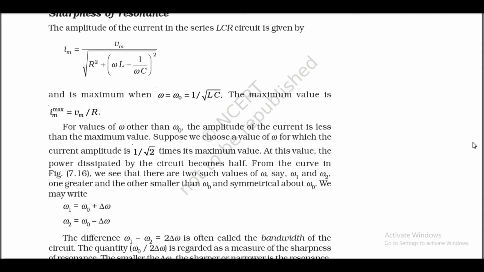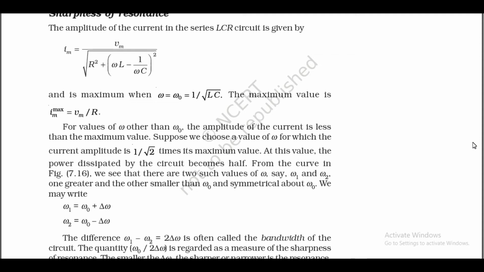Suppose we choose a value of omega for which the current amplitude is 1/√2 times its maximum value. At this value, the power dissipated by the circuit becomes half. From the curve in figure 7.16, we see that there are two such values of omega, say omega 1 and omega 2, one greater and the other smaller than omega naught and symmetrical about omega naught.